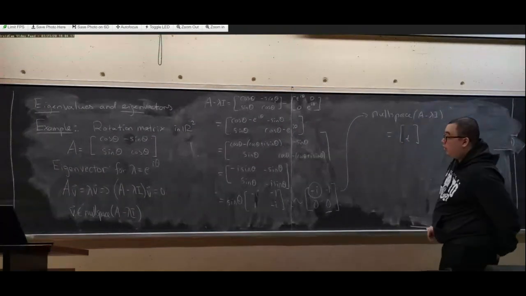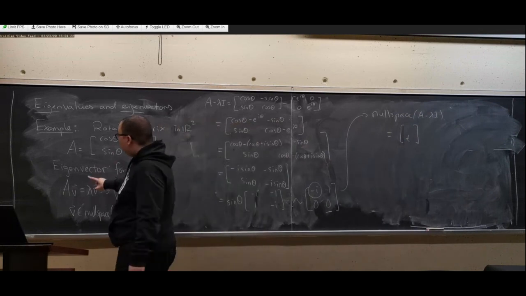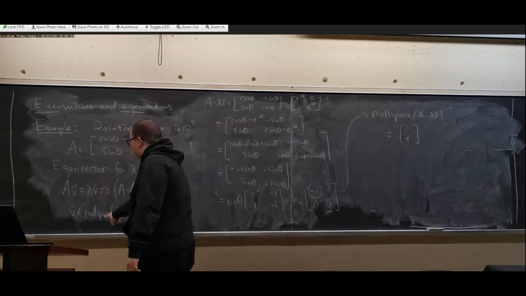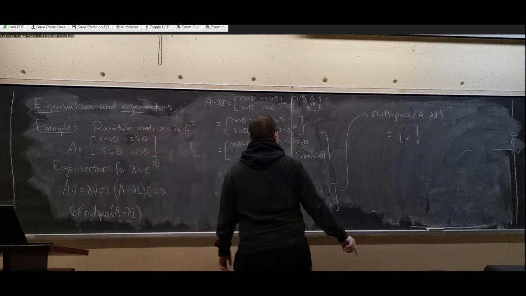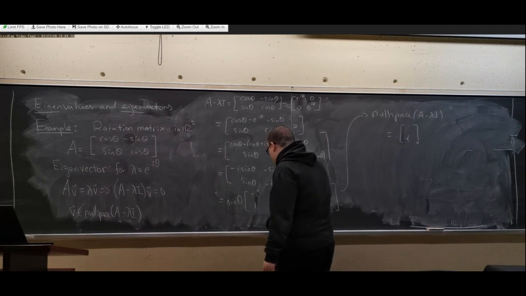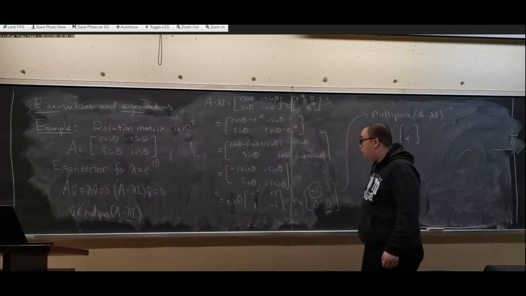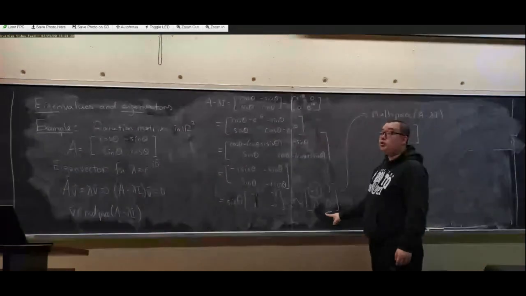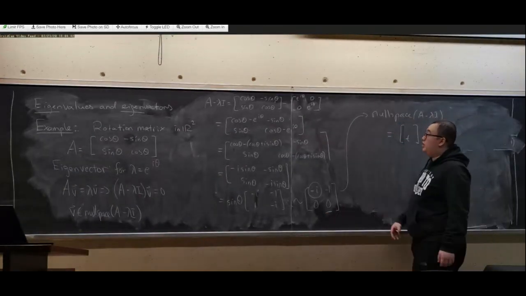No, we're trying to calculate the null space of this, because we want to know what the eigenvector is. In order to know the eigenvector, we have to consider the null space of A minus lambda I. So we calculate A minus lambda I, and in order to calculate its null space, we can just consider the null space of this reduced form, because row reduction does not change the null space.